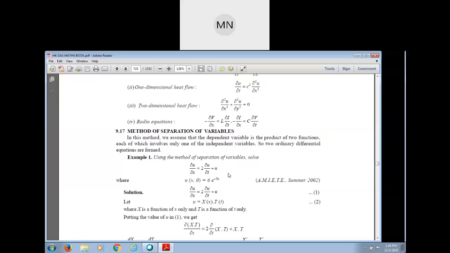It is independent. U depends on X. That means X is obviously independent. Similarly, U depends on T. That means T is obviously independent. Understand?